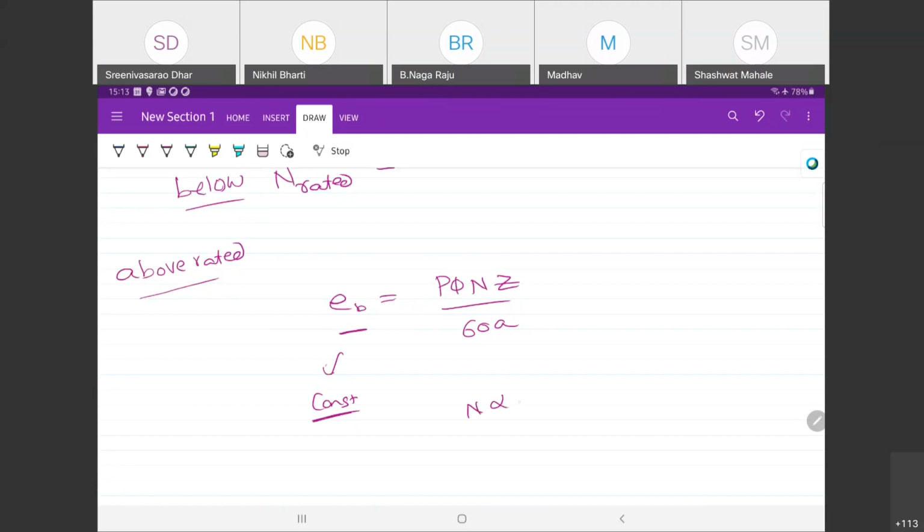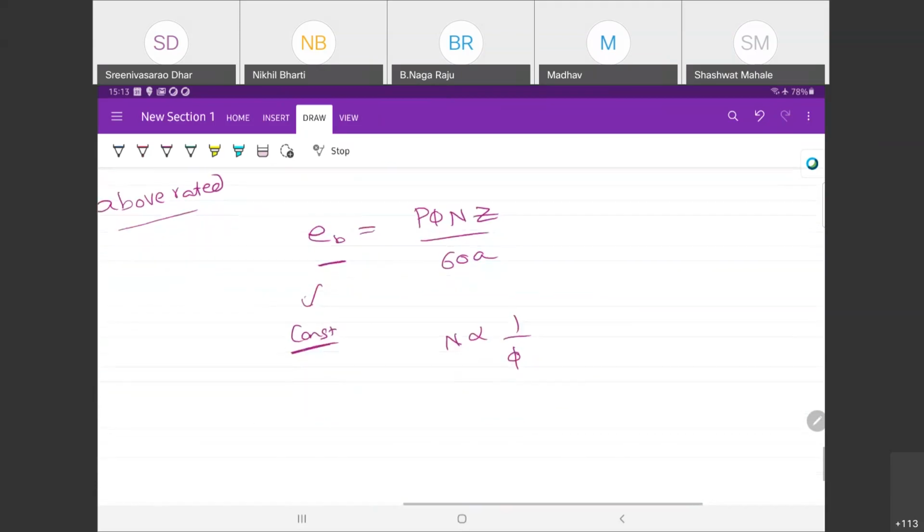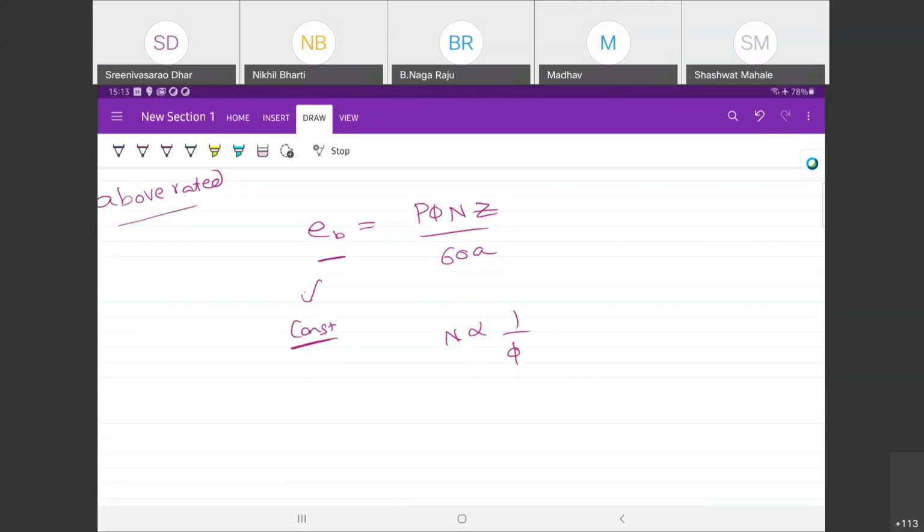That means N is proportional to 1 by phi. Agree? So when the flux decreases in the machine, the speed will increase, right?